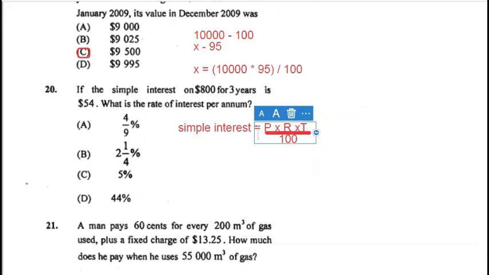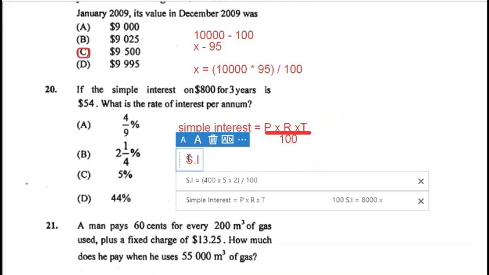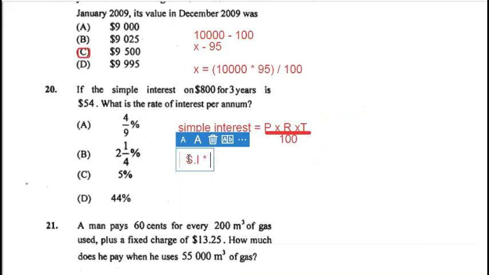So in this case, they've given us the simple interest, and what we're solving for is rate. So we're transposing to make rate the subject of the formula, and that would equal simple interest multiplied by 100, and all of that is divided by principal times time.